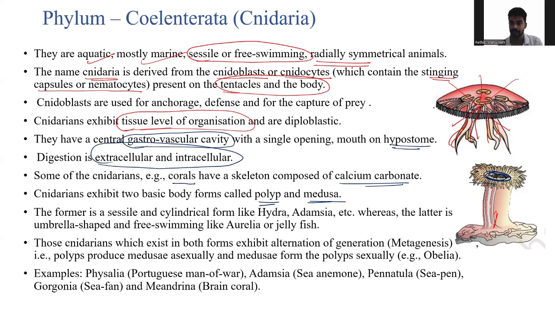So the first one is polyp and the second one is medusa. For example, if you consider this, the first one that I'm talking about, this diagram is called aurelia or medusa.